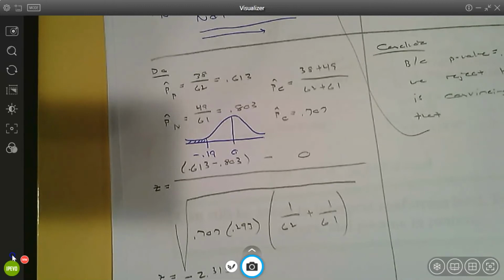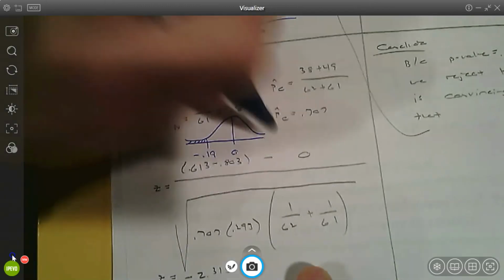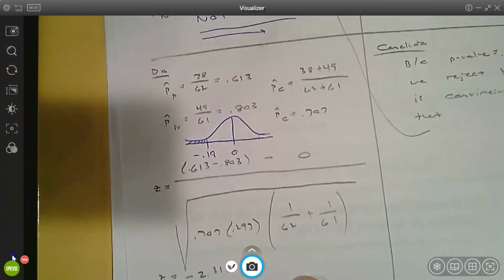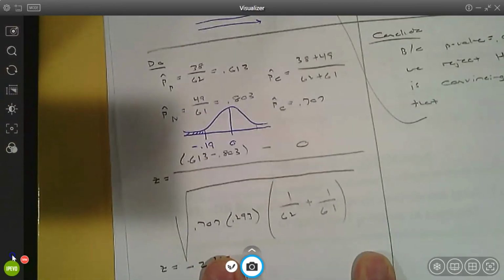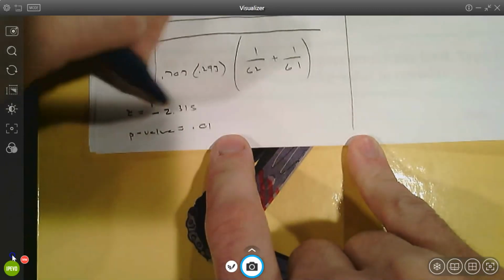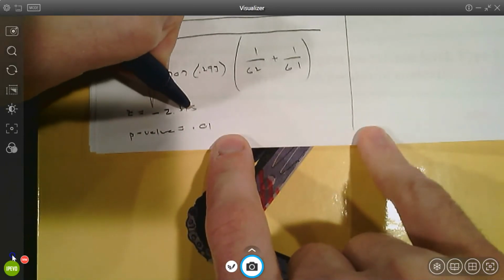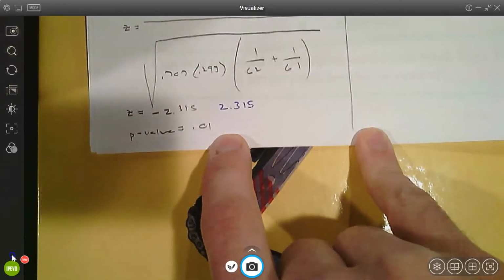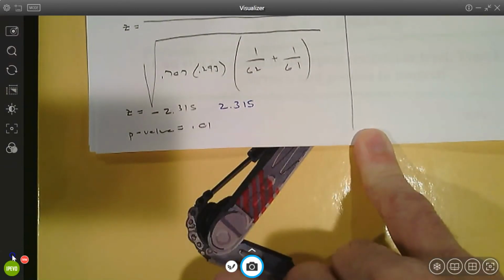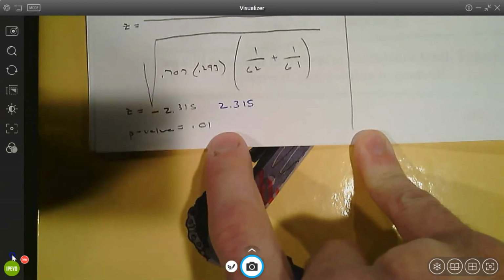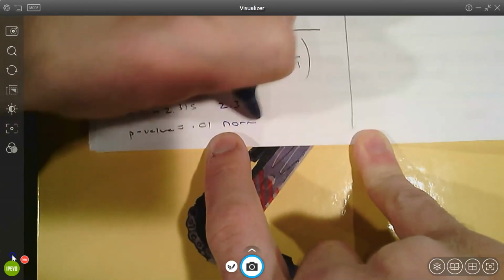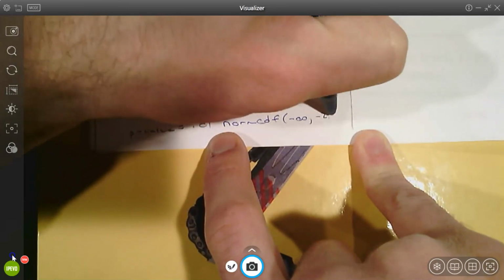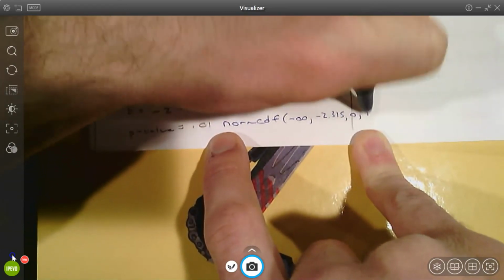So if you set this up the opposite direction, your statistic would be positive 19%, you'd be shading above. So the test statistic ends up being negative 2.315. If you set it up the opposite way, the test statistic would be positive 2.315. To get the p-value, I'm doing normal CDF, negative infinity to negative 2.31501.